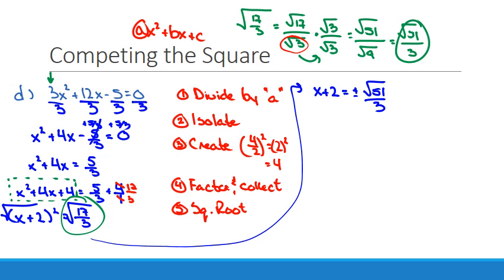Now again, at this stage I check this number, and can I actually combine them? I cannot, so that means I get to leave it in this lazier form: x equals -2 plus or minus root 51 over 3. Why can't I combine them? The reason is that one's a radical, one is not.